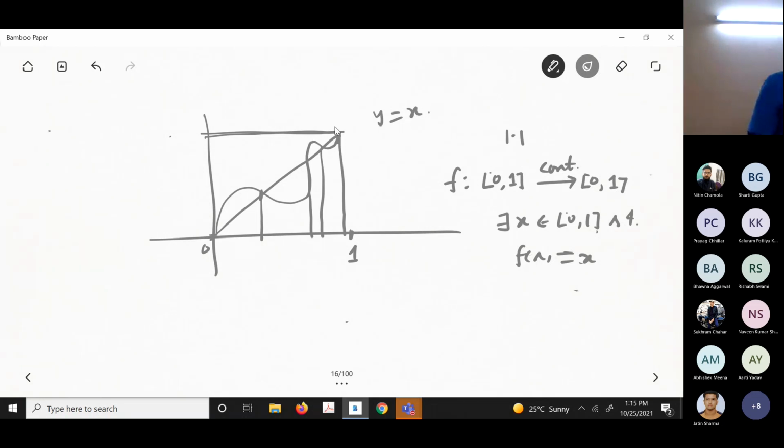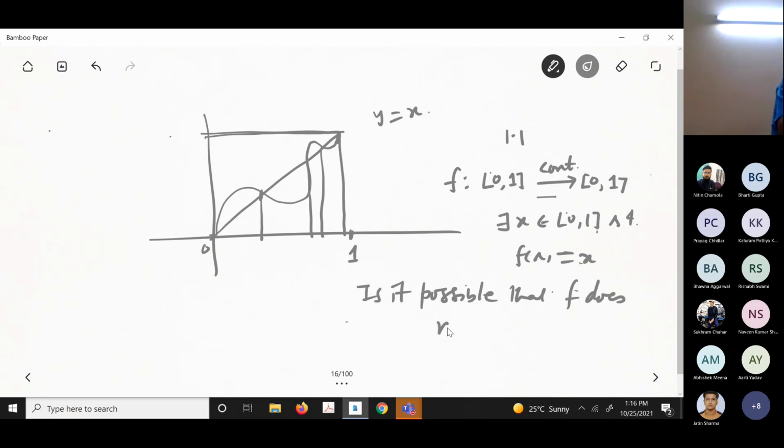But suppose, can you have such a function which doesn't have a fixed point? Look, is it possible? That f does not have a fixed point.